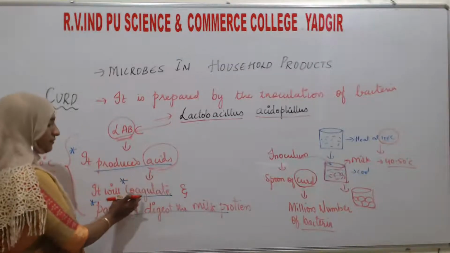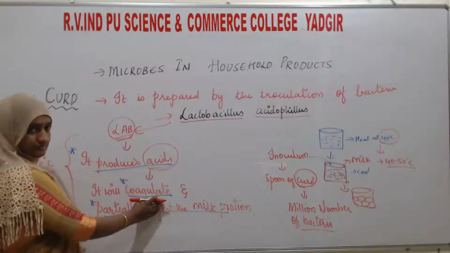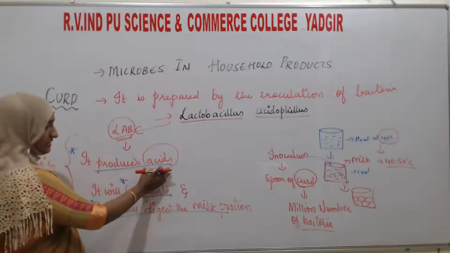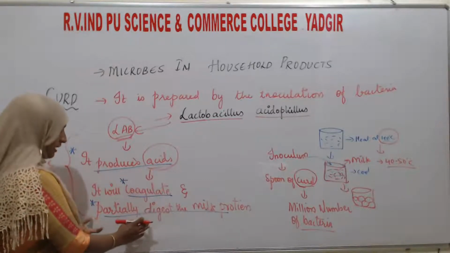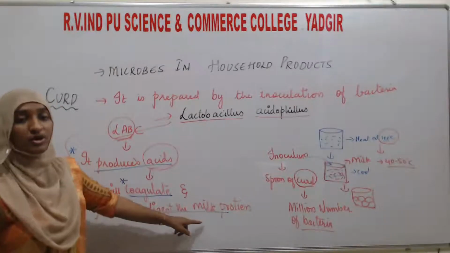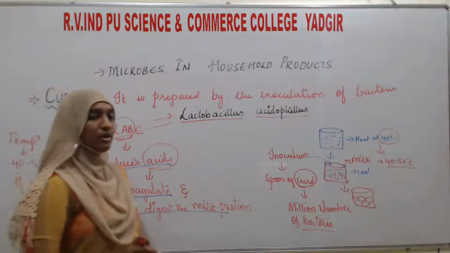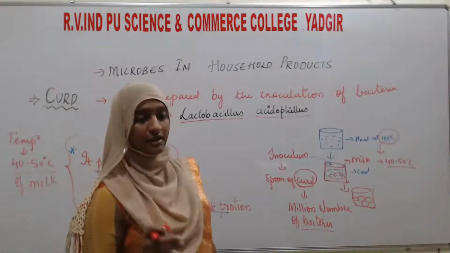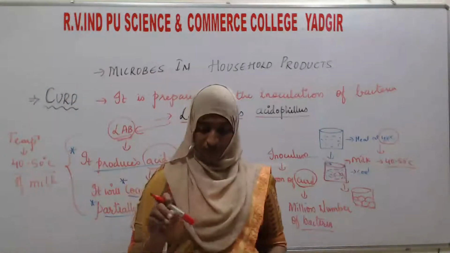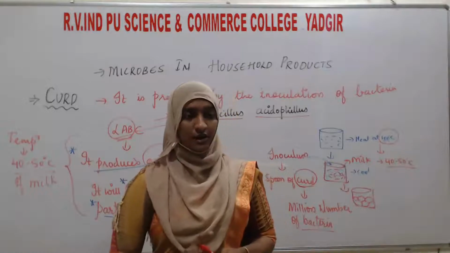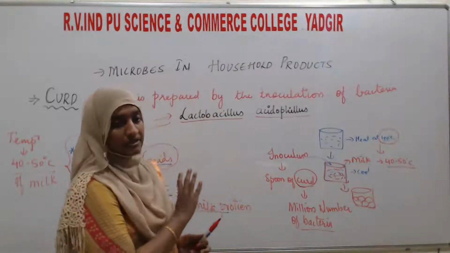Then that acid will coagulate the milk. Then the milk proteins will be partially digested, and the milk temperature should be 40 to 50 degrees Celsius. So this is about the preparation of curd.